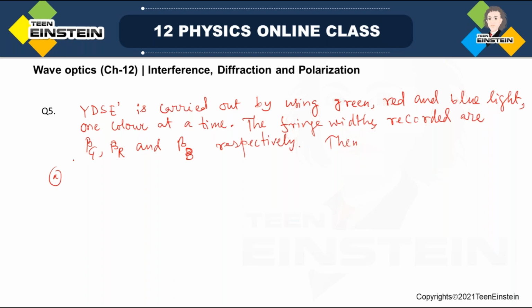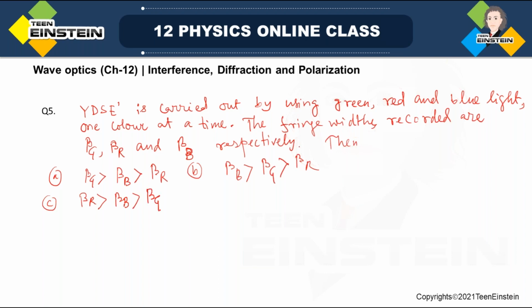The first option is beta G greater than beta B greater than beta R. The second option is beta B greater than beta G greater than beta R. Option C says beta R is greater than beta B greater than beta G. And the last option is beta R greater than beta G greater than beta B. So which among these 4 options is correct?